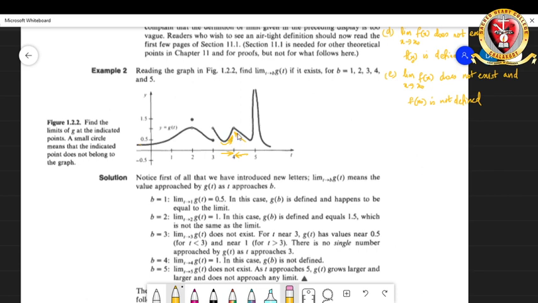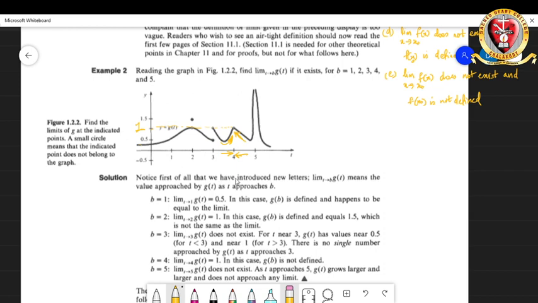The function is moving like this, and the function is moving like this. So from the left and right, the function is getting the value. See what is this value? Just this, the value is 1, right? So you get limit t tends to 4, g of t is equal to 1.